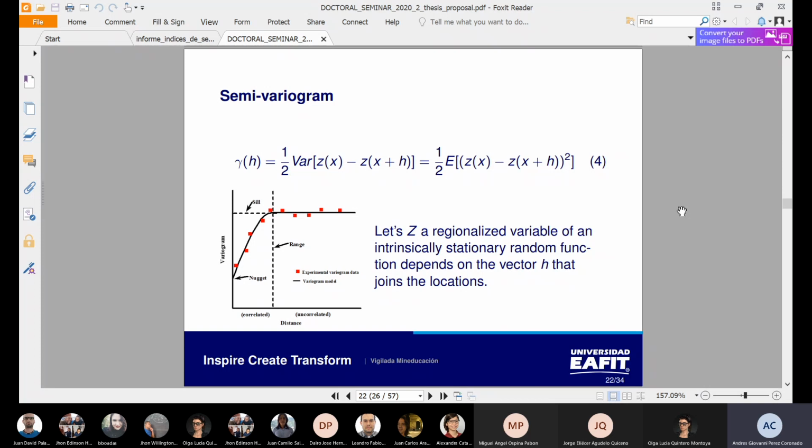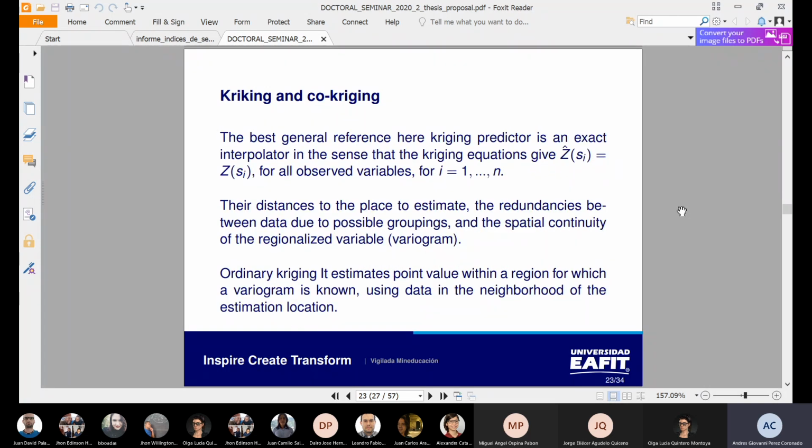I should go deeper this time into semi-variograms and Kriging, because these kinds of courses are really difficult to find in Colombia, and information to get a course is really hard. But right now I am studying Kriging and co-Kriging.